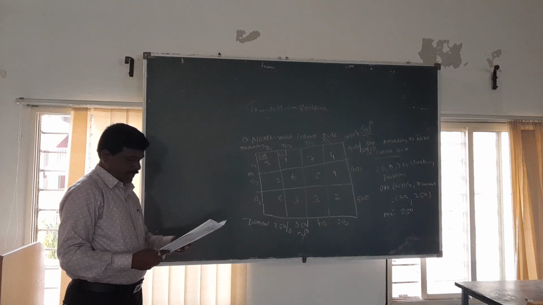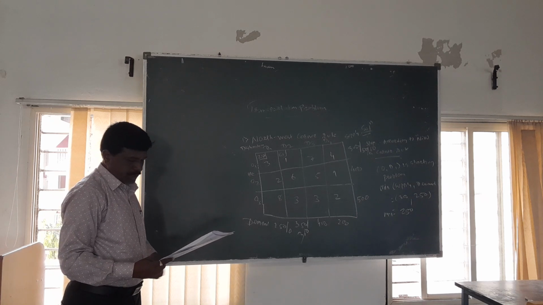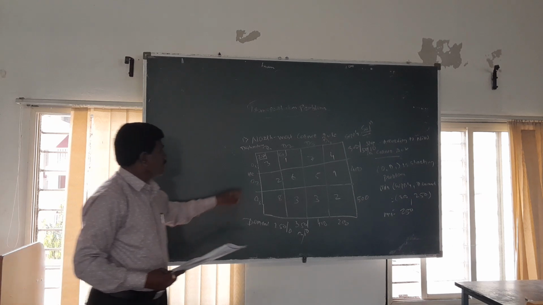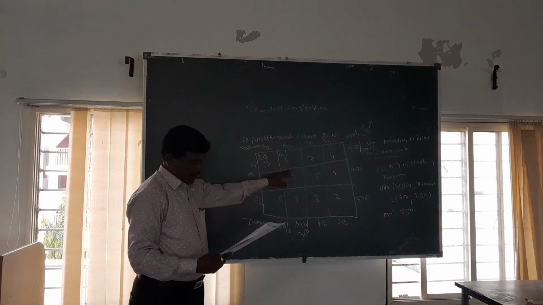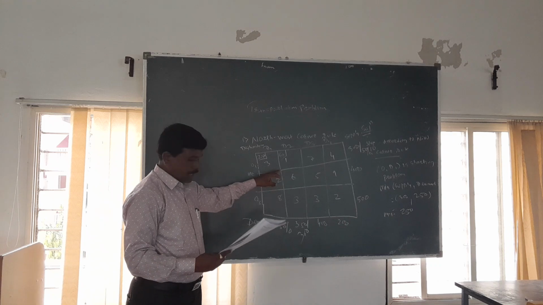From the remaining table, excluding column D1, check the northwest corner, O1 D2, and allocate the minimum among the supply and demand for the respective row and column.